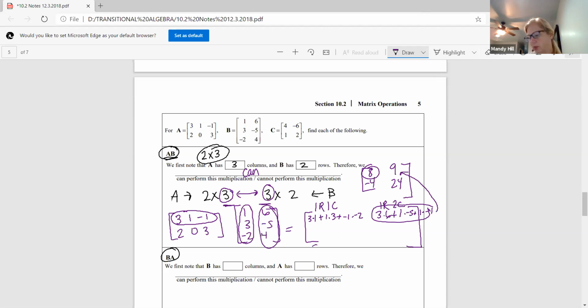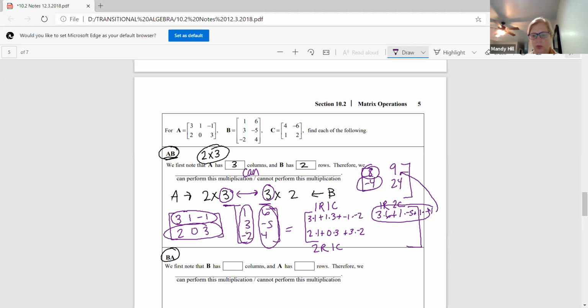This bottom here would be second row and the first column. So we would do 2 times 1 plus 0 times 3 plus 3 times -2. You can see now why you want to be able to type these in the calculator, because it makes your life so much easier. And if we did all of that calculation, we would get -4, which is this number, right?